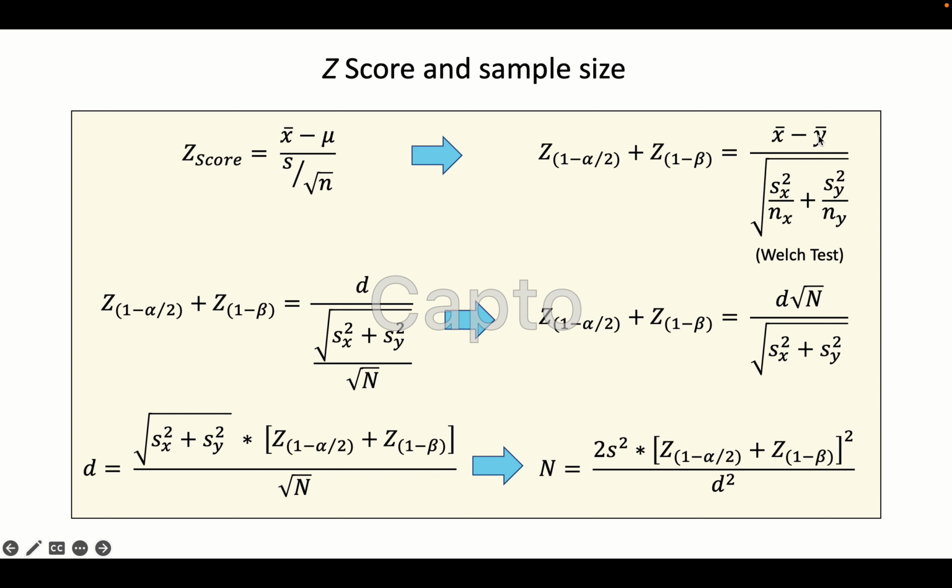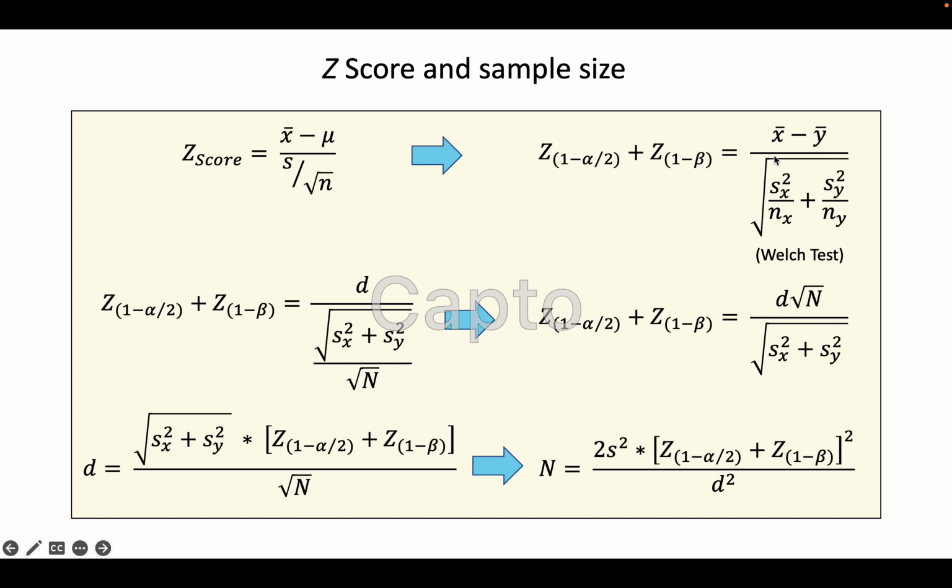Imagine that you are conducting a randomized clinical trial, so you have randomized patients to group X and group Y. This is what I mean by this, and this is going to be your effect size. So this is the mean difference between the two groups, right? The expected mean difference of these two groups is what we know as the effect size.